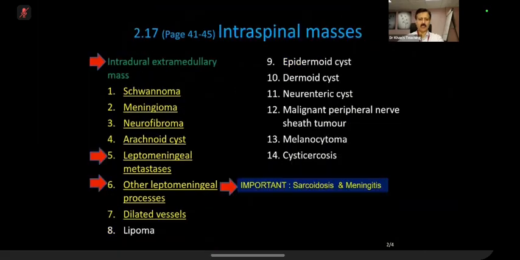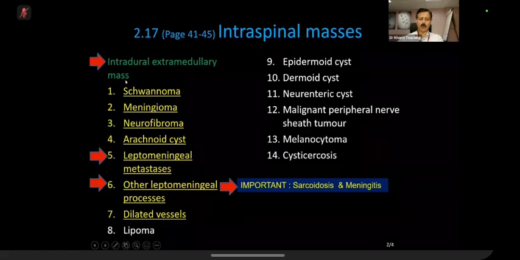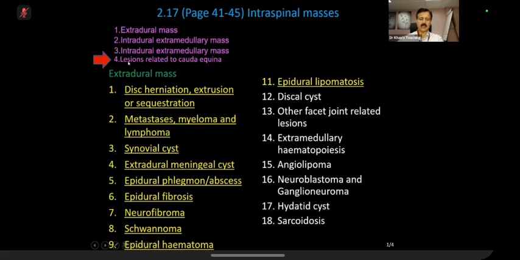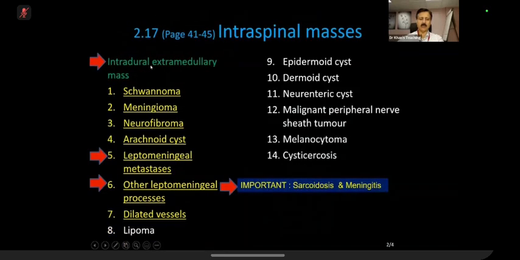Now, if you see here, intraspinal masses, and here is the second subheading, intradural extramedullary. All of these can simply add to cauda equina. Simple formula, just remember these.